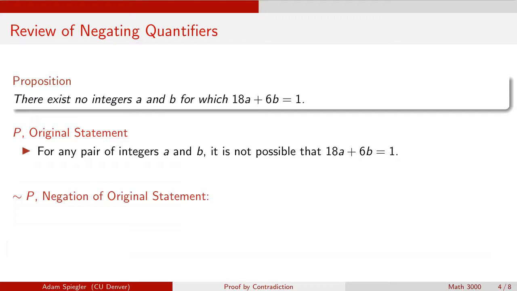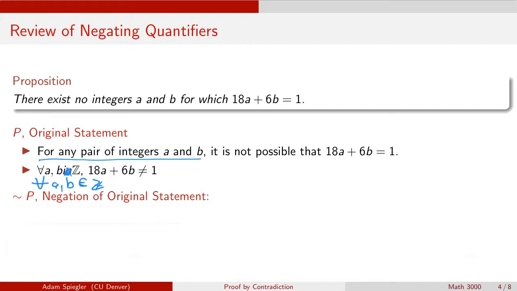And lastly, let's state this original statement using quantifiers. I apologize, I have a typo here. When we say for any two integers a and b, this is our for all a and b in Z. Sorry, I typed out the word "in." When we use the quantifier for all, eventually when we negate this, it should use the quantifier there exists.